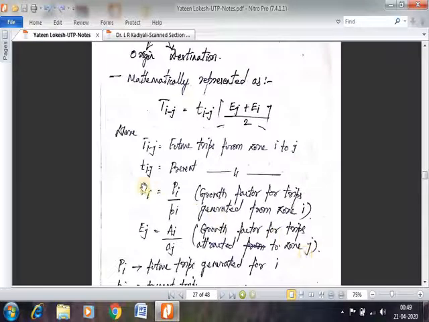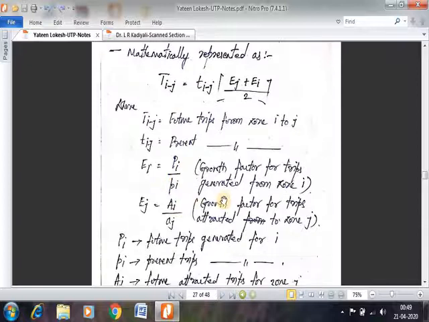Now Ei is equal to the ratio of capital Pi to small pi, where capital Pi is the future trips generated from i and small pi is the present trips generated from i.